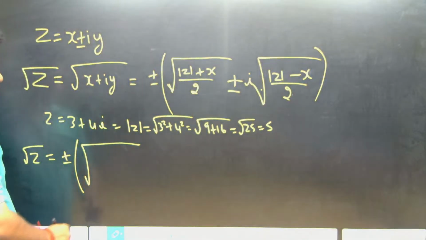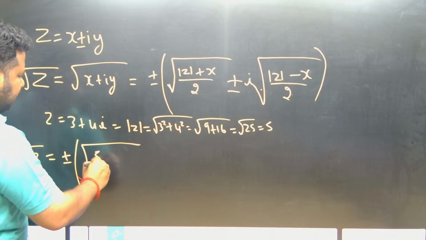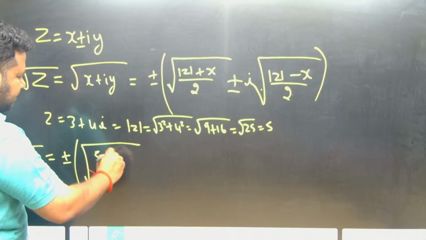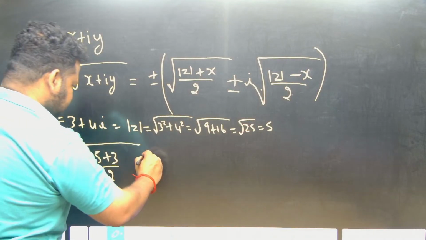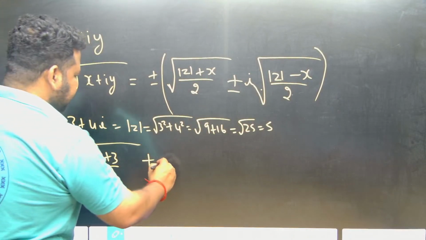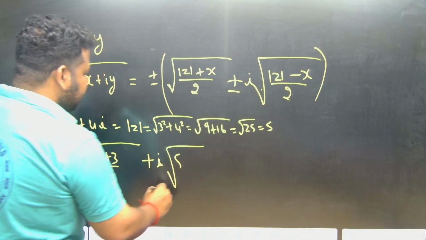So first we have mod z, which we got as 5. 5 plus x, where x is 3, so 5 plus 3 by 2. Here plus is there, so here also it will be plus, i times the square root of 5 minus 3 by 2.